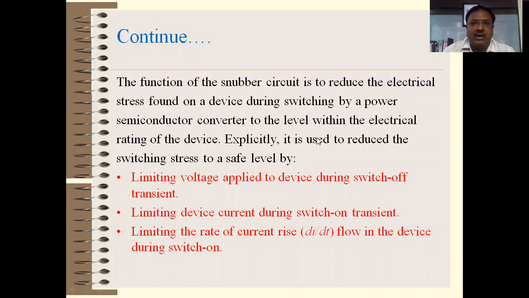When we turn on and off, high voltage or current spikes are applied to that device, and because of that the device may be damaged. It is because of the transition of a switch. These spikes are generated due to the transition of a switch, and these high voltage spikes or high rates of change of current definitely damage your devices, or sometimes false triggering takes place.